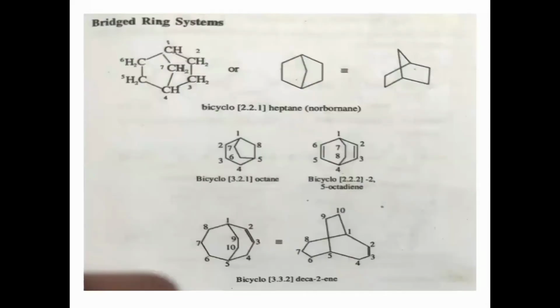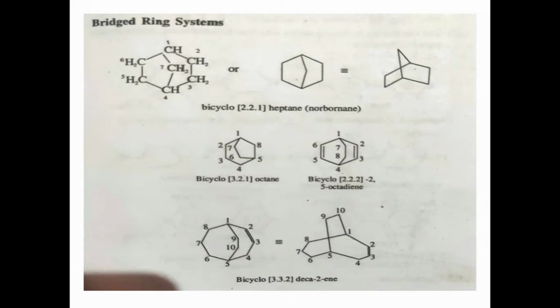Now the bridged ring systems. In the bridged ring systems, the first one you will see, we will write the word bicyclo. Then we will write the bracket.